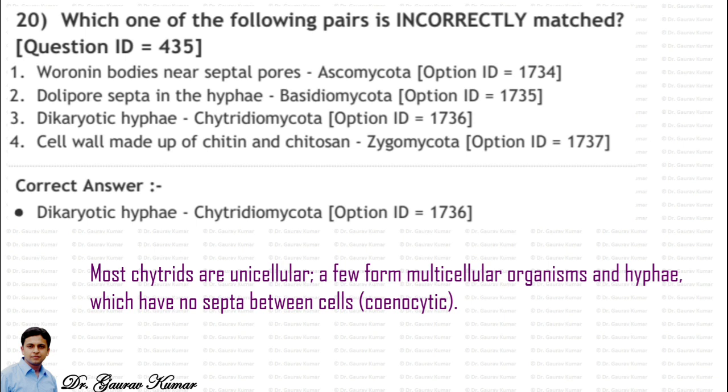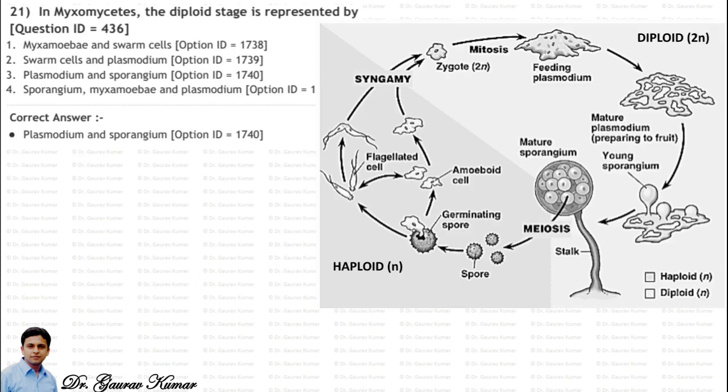Fine. So the next question is: in myxomycetes the diploid stage is represented by... The answer is plasmodium and sporangium. You can see it on the right hand side. If you were in my class today, I told you about myxomycetes; we started the new kingdom there, Myxomycota, discussing slime molds and their affinities towards the protistan as well as fungi.